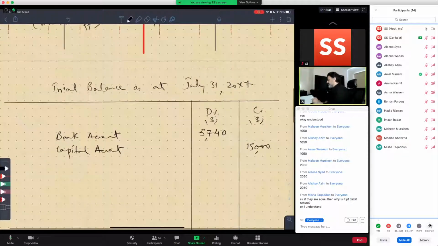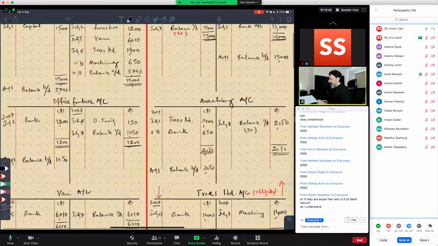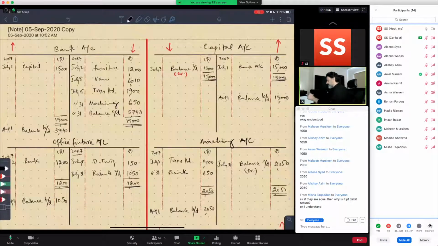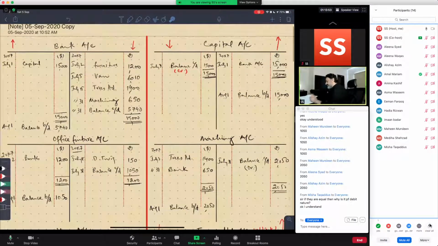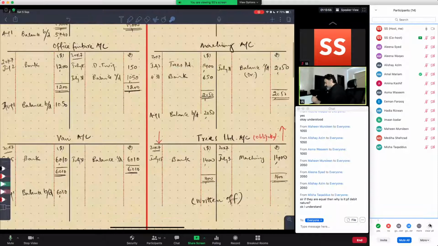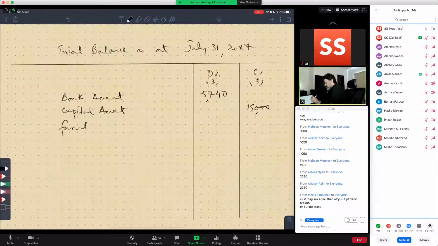Then we have office furniture account carrying $1,050 as the balance carried down, which was brought down on the debit side. So 1050 furniture account, 1050 on the debit side.